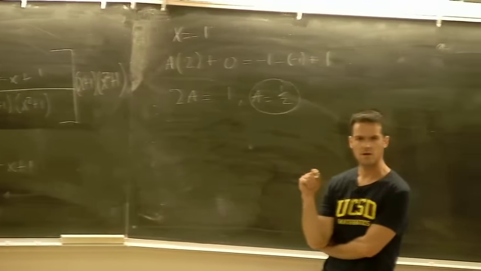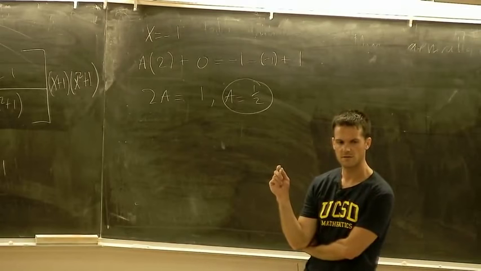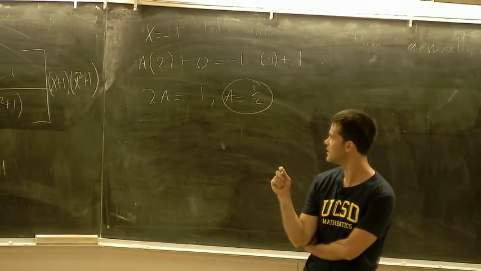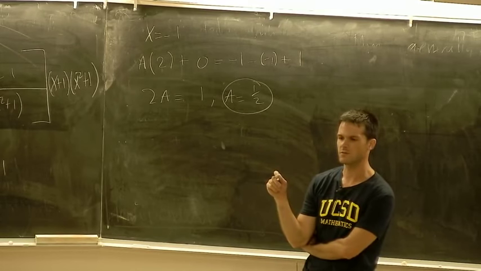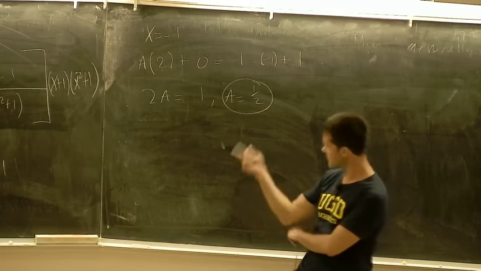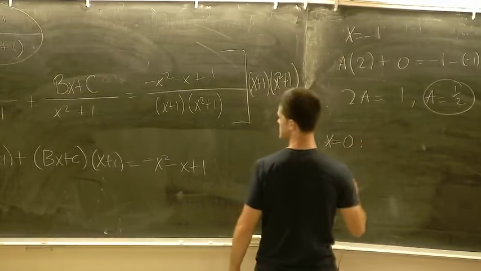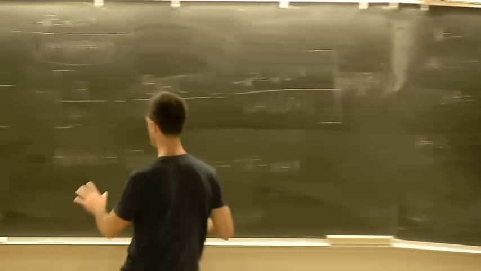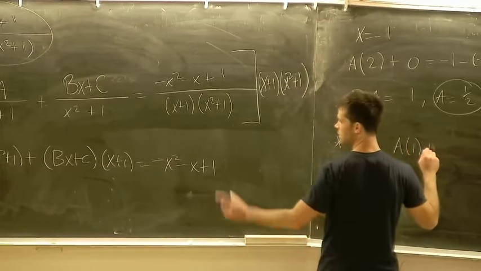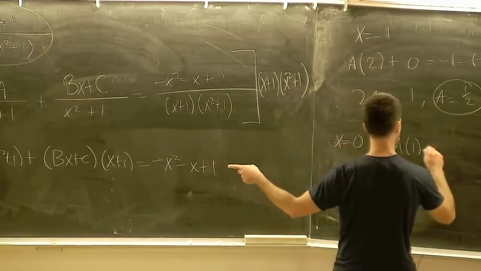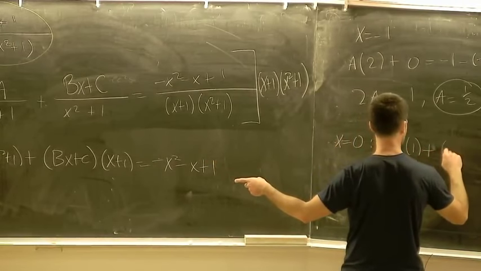Any other good choices? I like negative 1. What's another good one? Yeah, we can do 0. It's not going to work out quite as nicely, but it'll give us something. If I put in a 0 here, then I'll get a times 1. The b goes away, right?